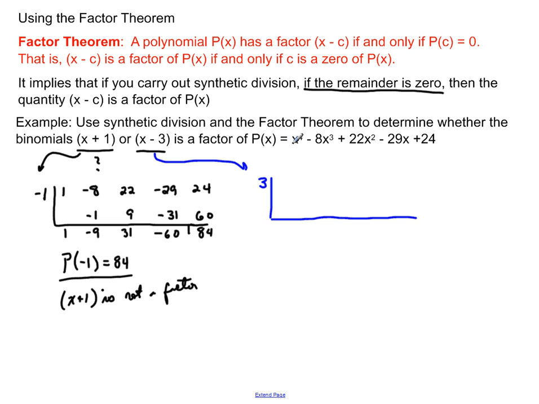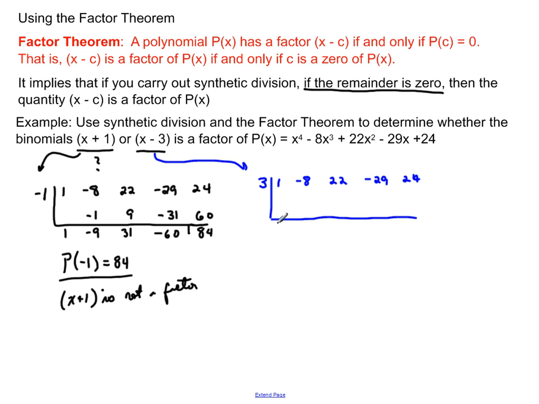Along the upper row, the coefficients of p of x, which are 1, negative 8, positive 22, negative 29, and positive 24. That's a 4, trust me.